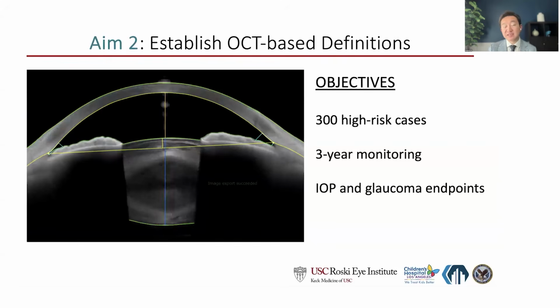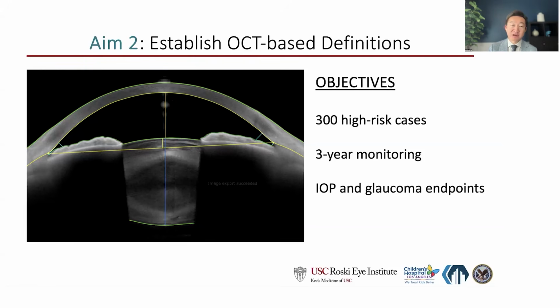We're also trying to establish OCT-based definitions of what is a narrow angle. I get this asked all the time. And at this point, we don't have a strict cutoff or OCT-based finding that we can use to define a narrow angle that merits treatment. So here we're taking 300 high-risk cases.